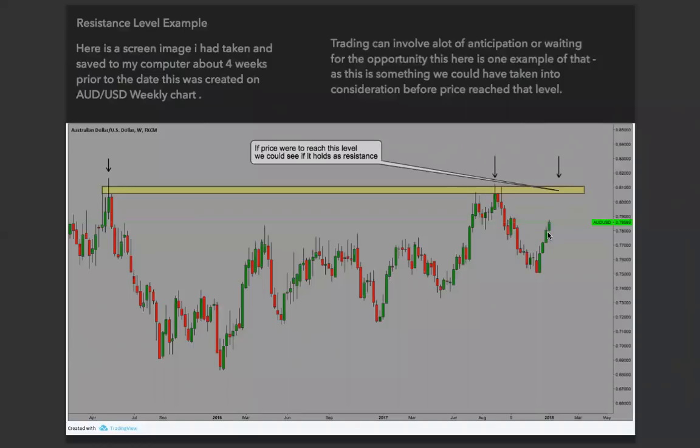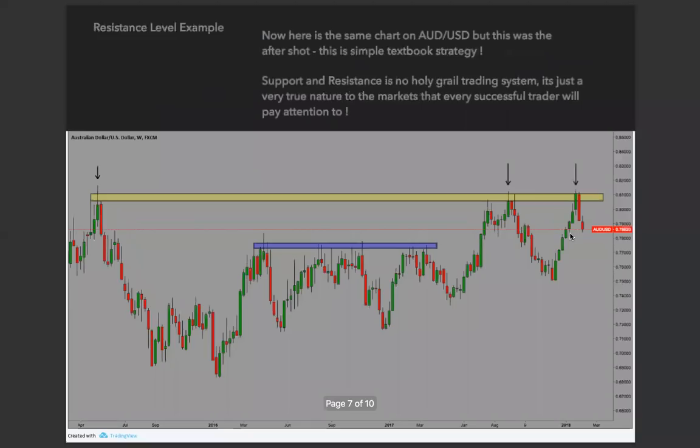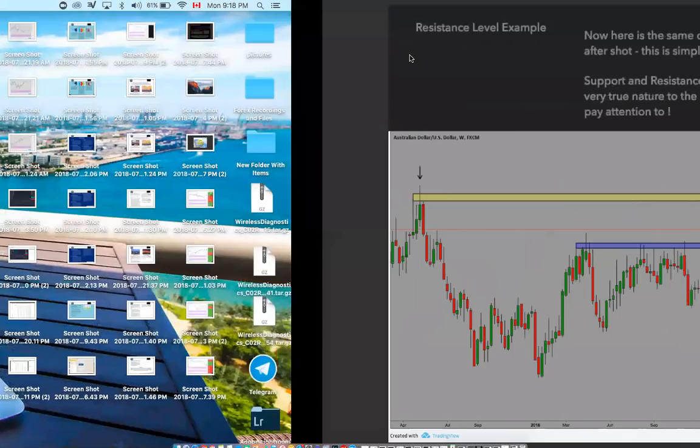I predicted price was going to come up here, and when it came here, I was going to see if it goes down. It sure enough did that. But one step further from understanding support and resistance is also understanding that movement is a possibility. It going up there was the first thing that needed to happen in order to predict that. Does that make sense, guys?